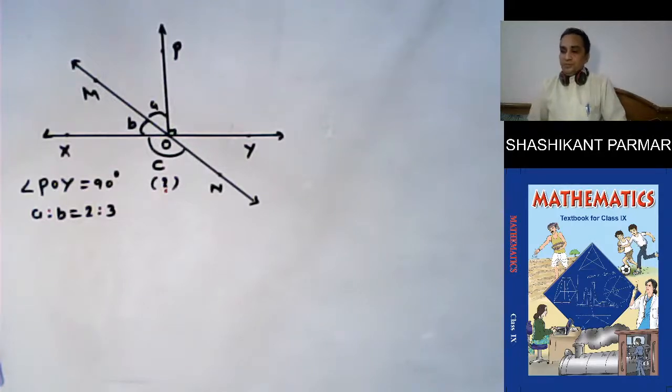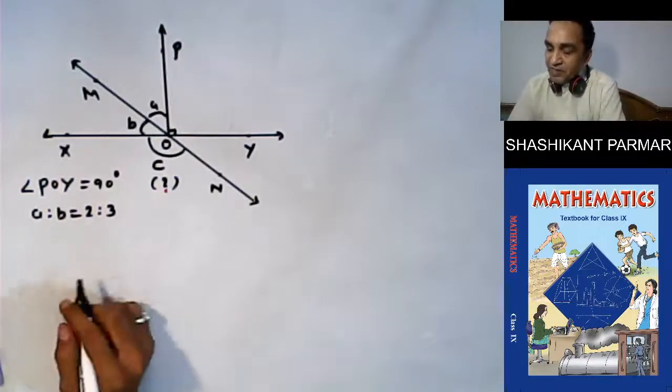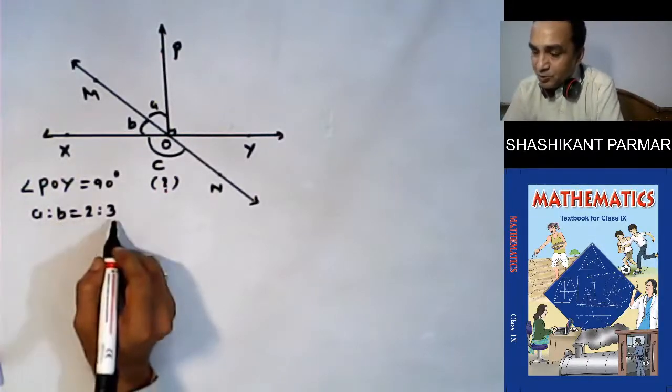So for C, first see here what we have given, that A and B ratio.